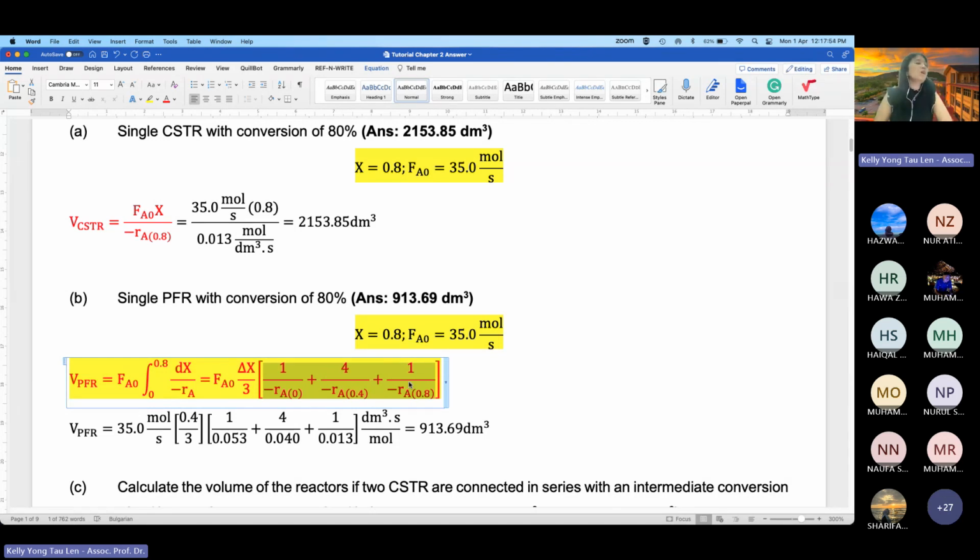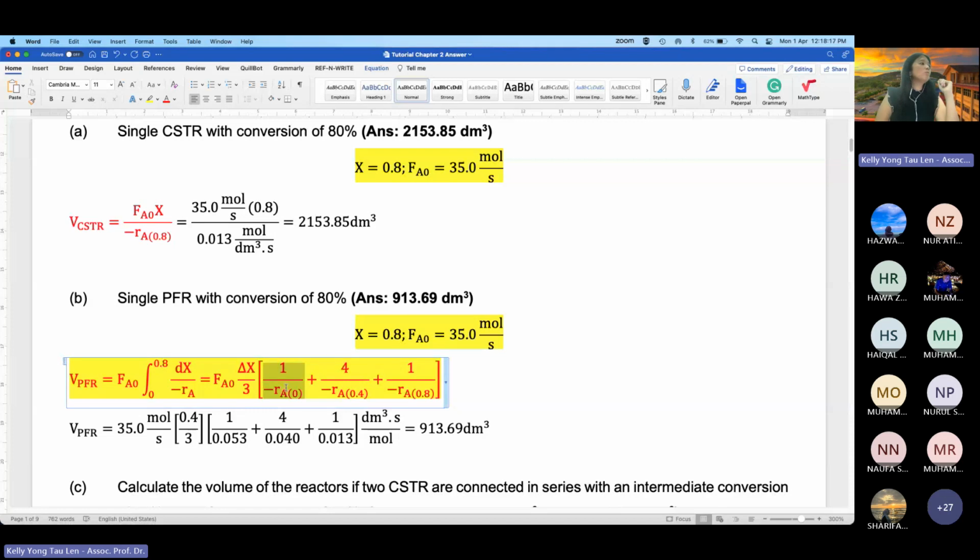So the first point is 1 per minus RA at conversion 0. Why conversion 0? Because for a single PFR, the bottom limit is 0, since the conversion starts from 0. The upper limit is 0.8, because that is the highest conversion that I achieve.